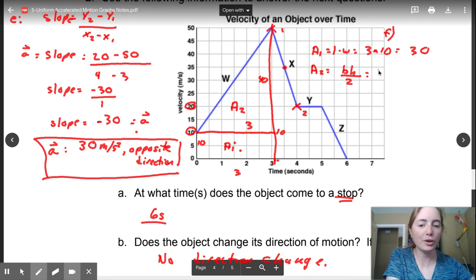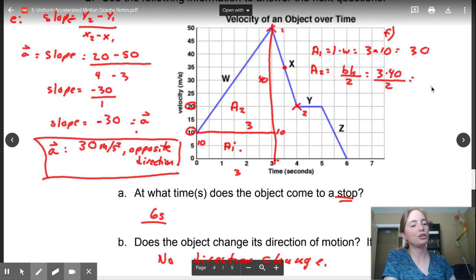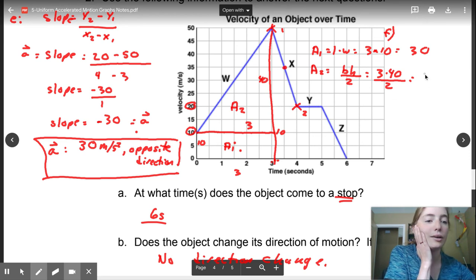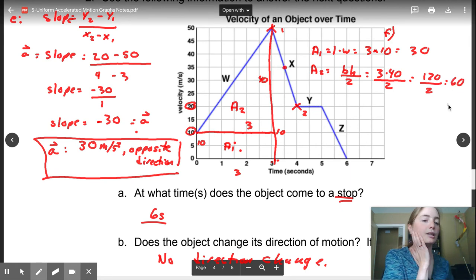So you are going to have 3 times 40 divided by 2, which is going to get you your area. Okay, so that would be 120 over 2, which would be 60.